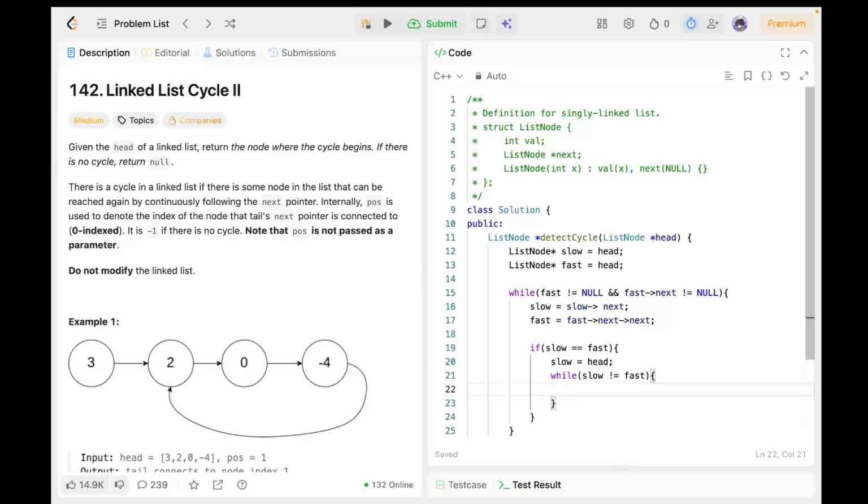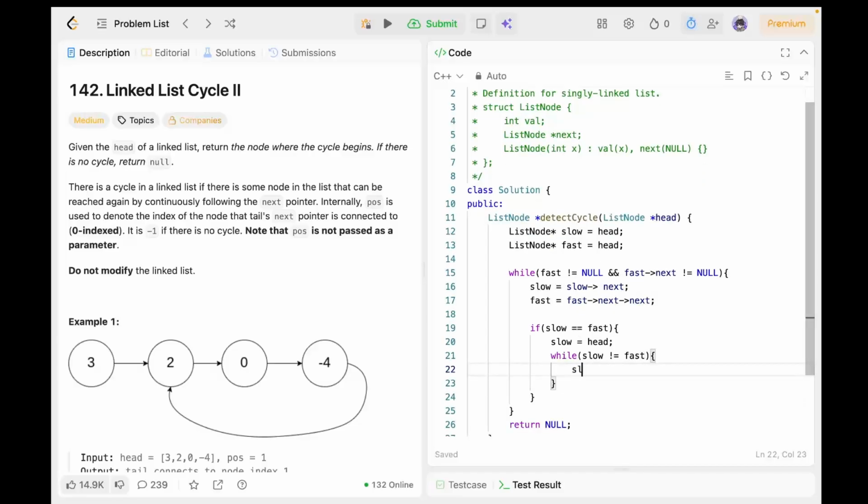So in this while loop, what will be our condition? I will say slow, can you move to your next? Slow will be like, of course I can. So my slow will move one position, and same for the fast. Fast, can you move one position?